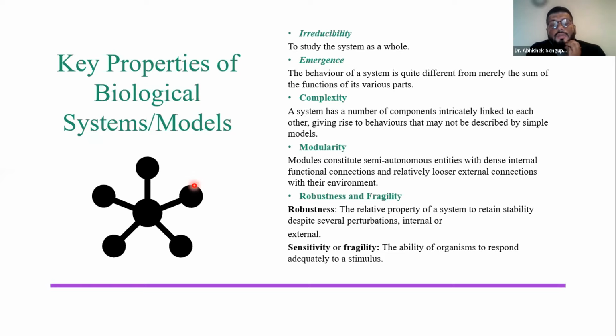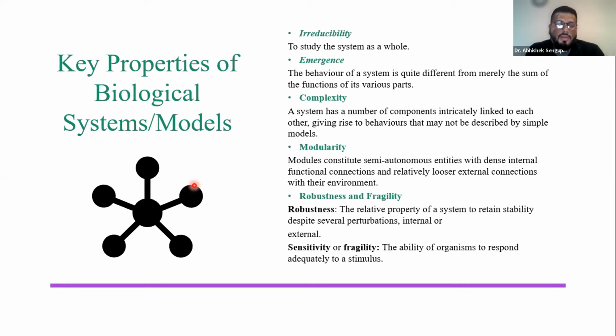And sensitivity and fragility is that with the simplest changes in the concentrations of certain metabolites, or one point mutation, or probably one small structural change in an enzyme can cause a huge difference in this whole system, right?